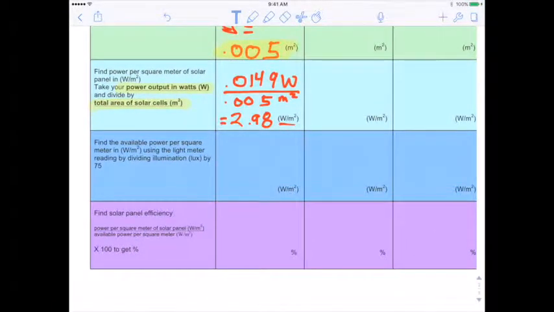All right, next, the second to last row, I'm going to try to find the available power. So the previous one is how much power in watts I generated for the total area of solar cells. Now I need to know how much power was available. This really is pretty simple. I just need to take the light meter reading and divide it by 75.